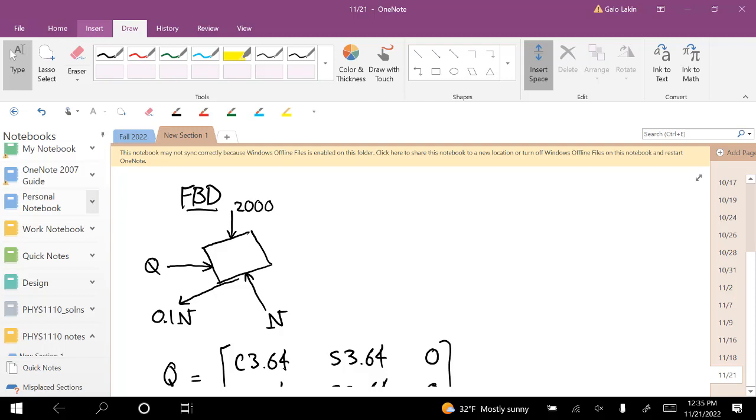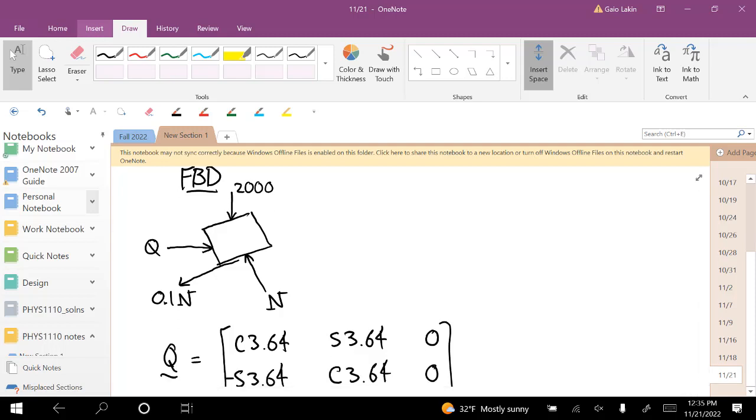Any other questions? Is there any reason to rotate Q and the weight? No, there's not. I think it's just always those four forces. I can't think of any other forces coming up.